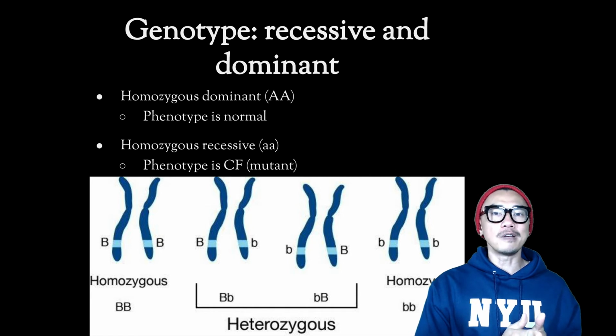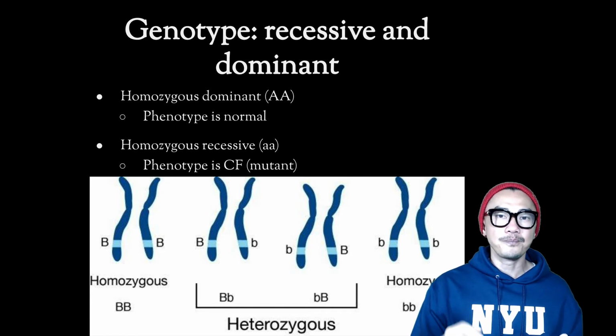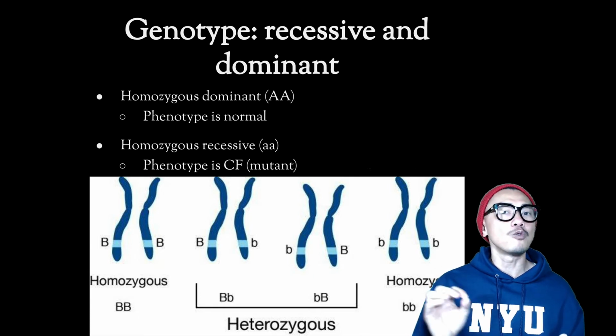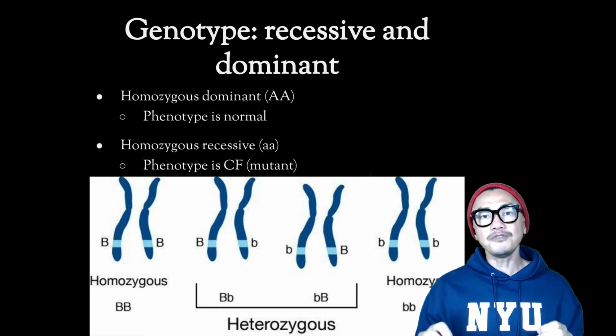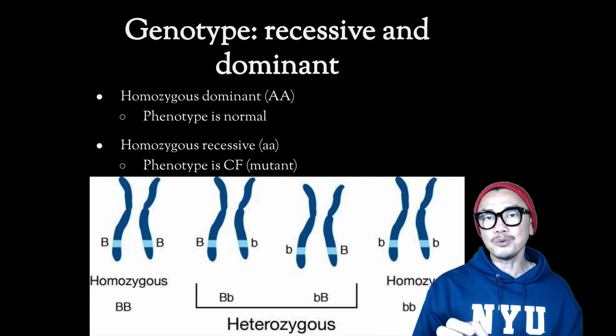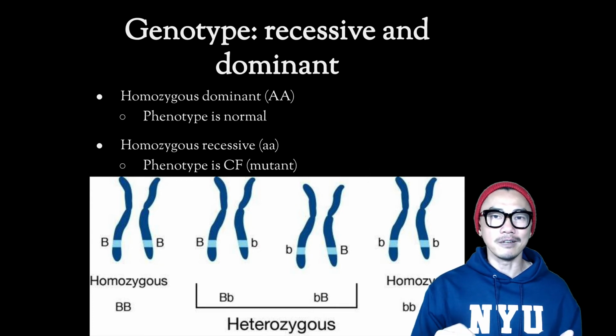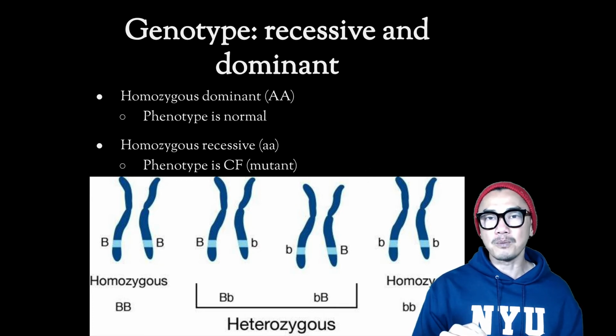This could be represented by big A, big A. You would not have cystic fibrosis, and your phenotype would be normal. If you had 2 copies of the mutant CFTR allele, you'd be called homozygous recessive. This could be represented by little a, little a. You would have cystic fibrosis, and your phenotype would be mutant.